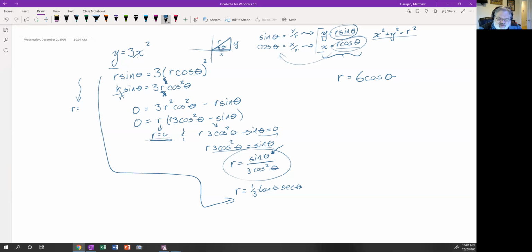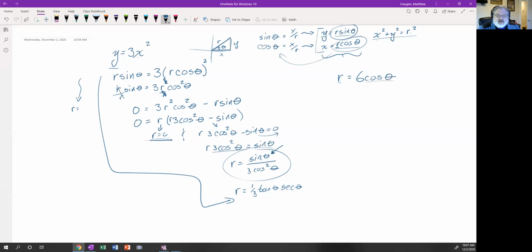If you have a cosine theta, to do a substitution, you need an r times cosine theta. So you have to build that. If we have an r, we either need a sine theta or a cosine theta next to it, so we can put in an x or a y, or we need it to be squared, so we can replace it with x squared plus y squared.